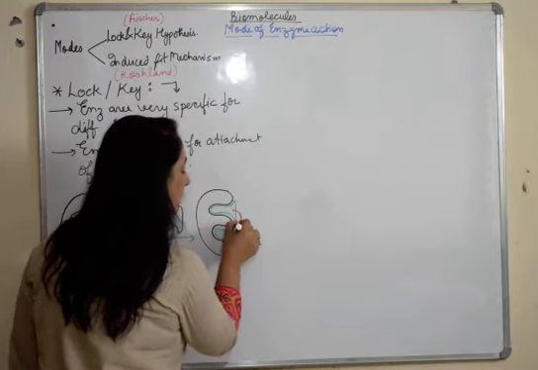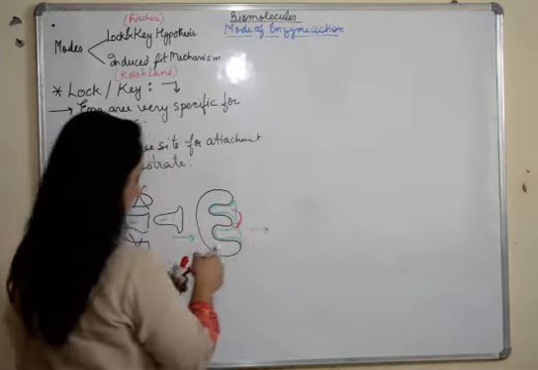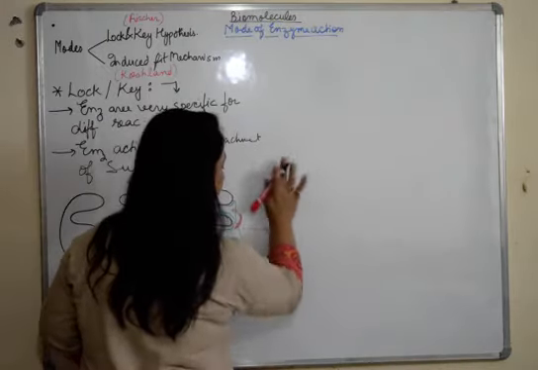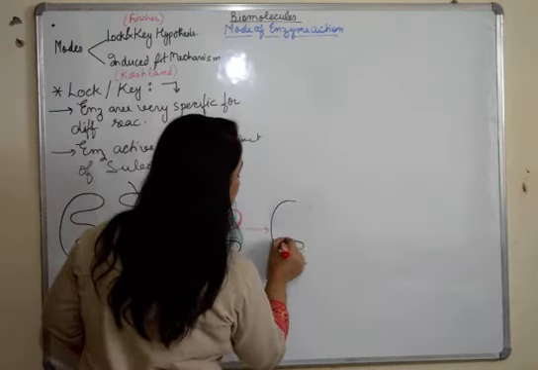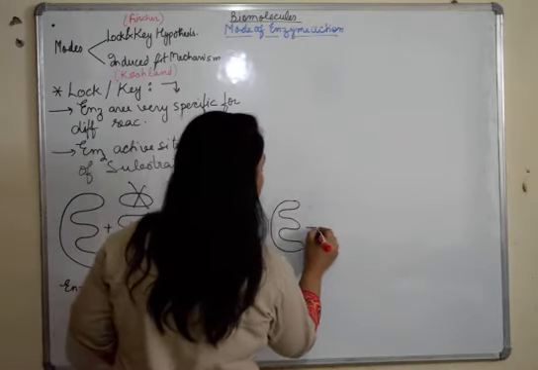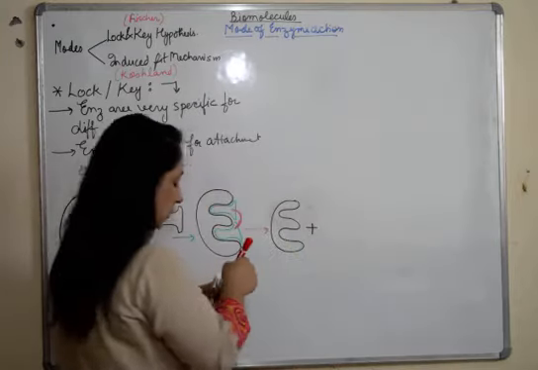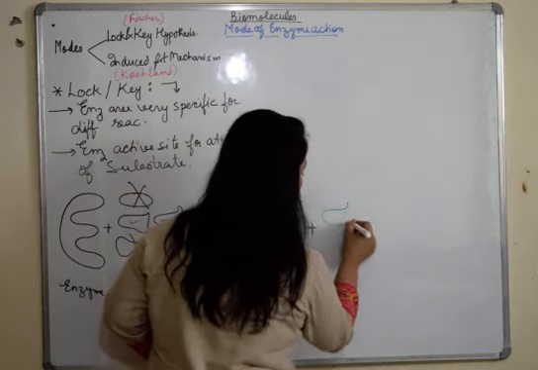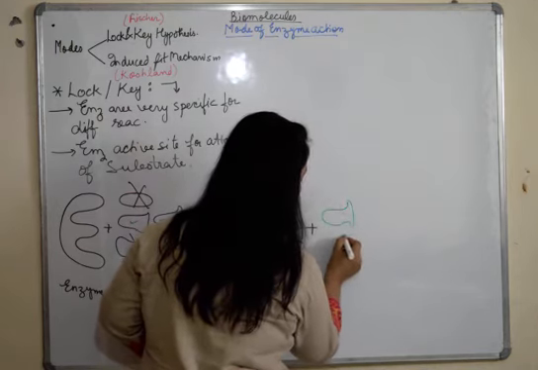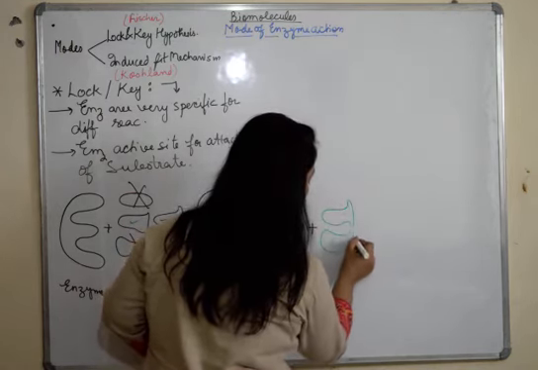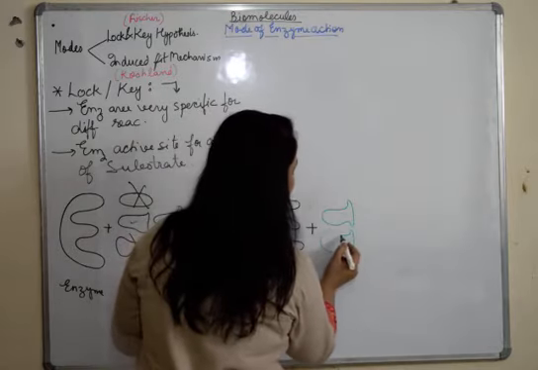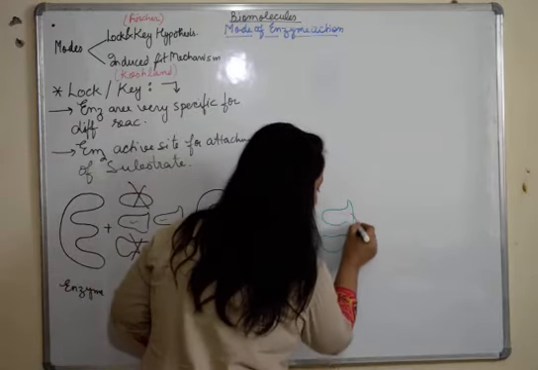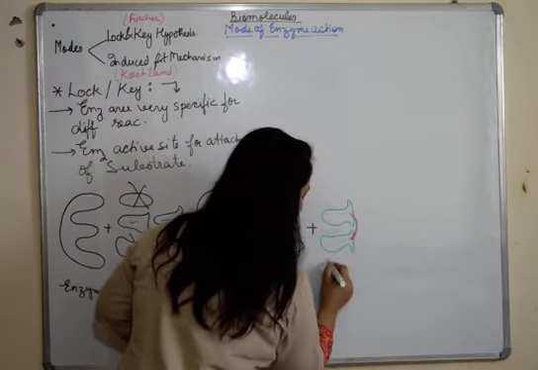And as soon as the bond is formed, the enzyme will separate out, and the substrates with the bond will remain to form the product. The shape has changed a little like this. The substrate with the bond will be their product.